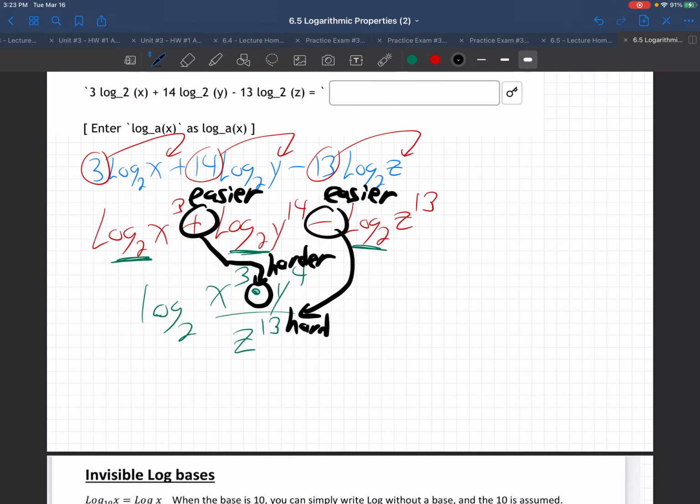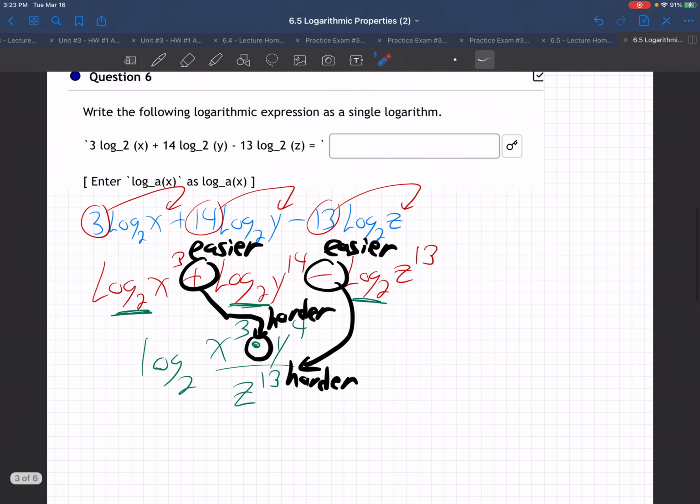So for one log, the job is hard, like for one person a job is harder than it is for 3 people. So adding, which is easier for 2 or 3 logs, becomes multiplying for one log. Subtraction, easier for 2 logs, becomes dividing for one log, harder for one log. So there's our answer right there.